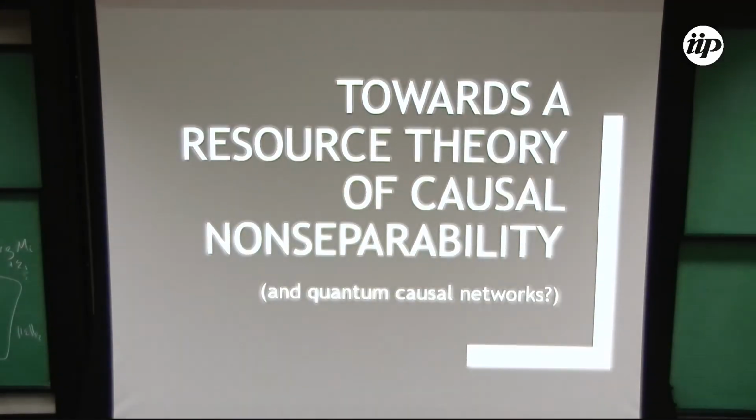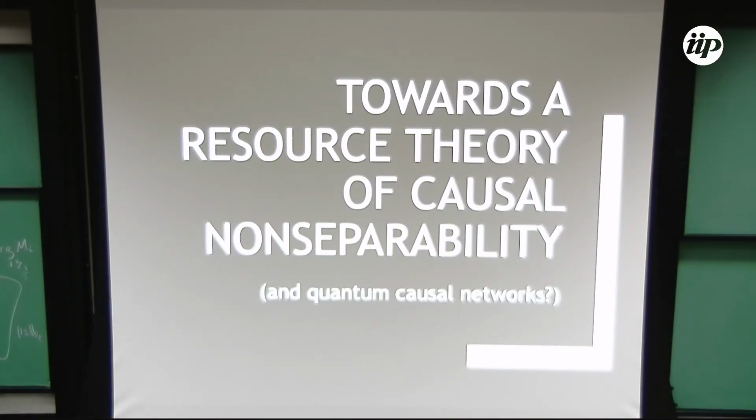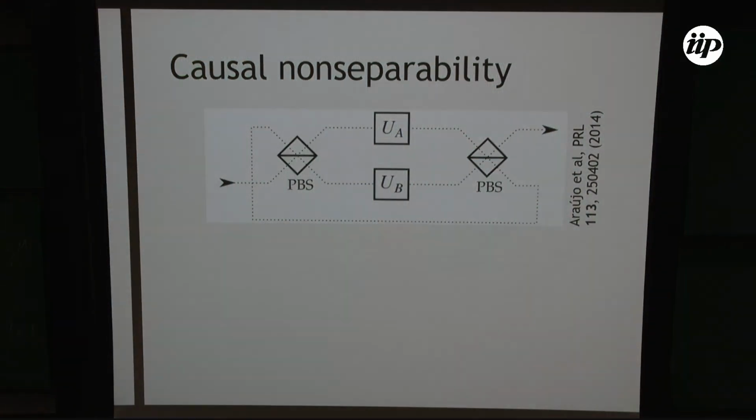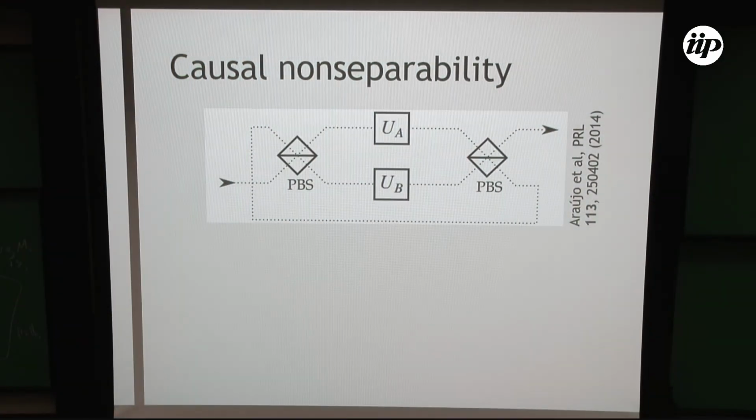So the second topic is quite a different subject, about causal nonseparability, and trying to build a resource theory, or going towards a resource theory in that sense. So last week we saw a lot of things on causality and on indefinite causal structure, which I guess not everyone has seen here.